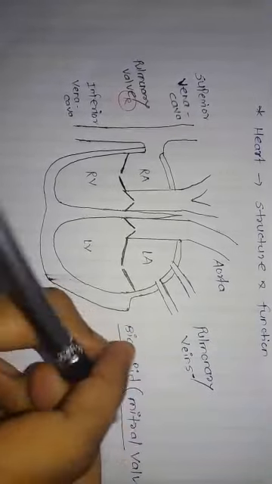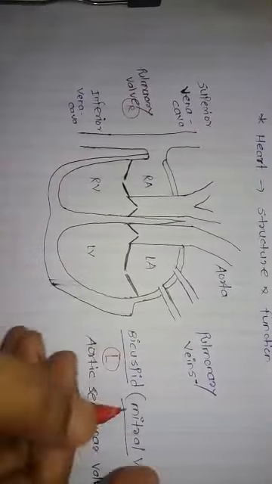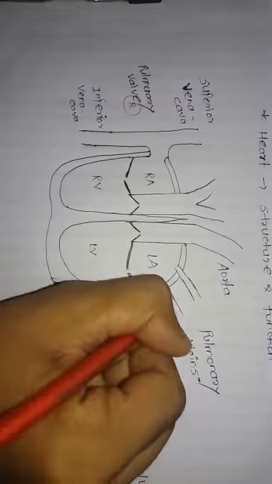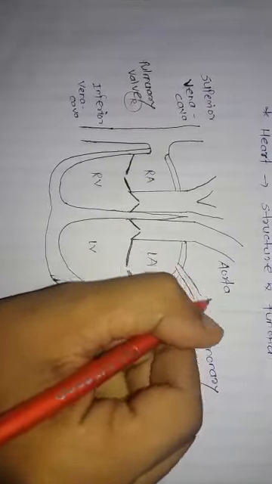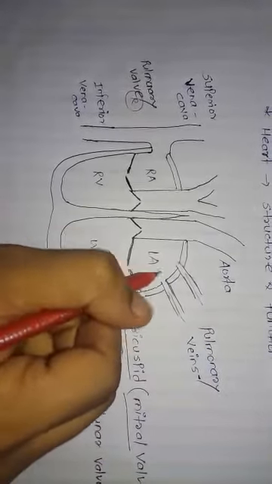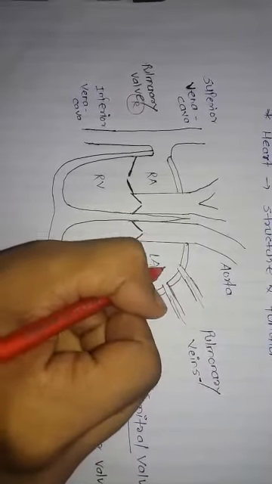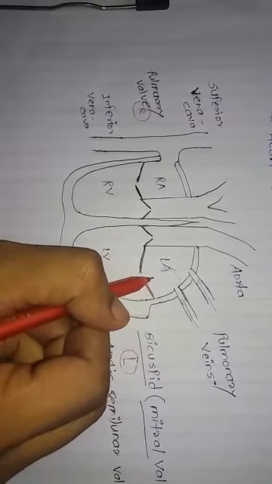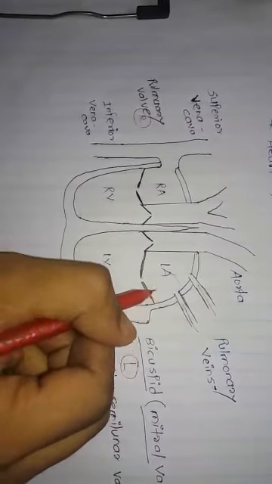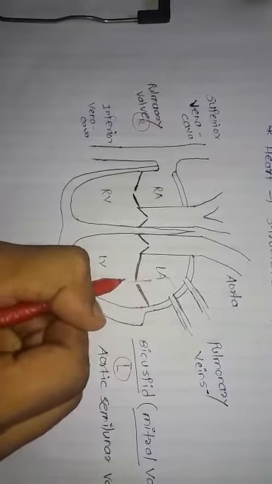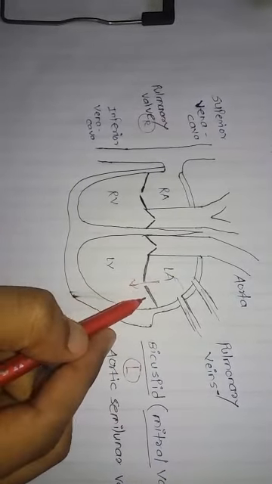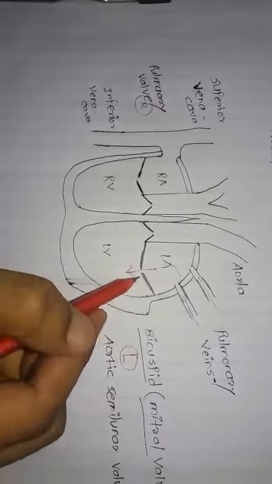So from the lungs, blood is carried to the left atrium by 4 pulmonary veins, and it is loaded into the left atrium. From the left atrium, blood is loaded into the left ventricle through the bicuspid valve, also called the mitral valve.